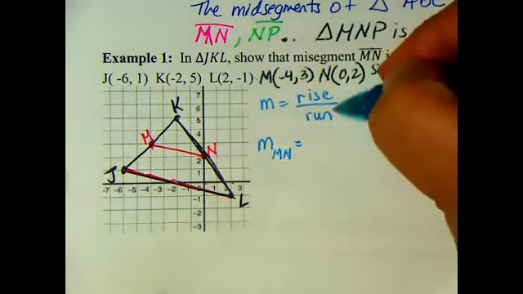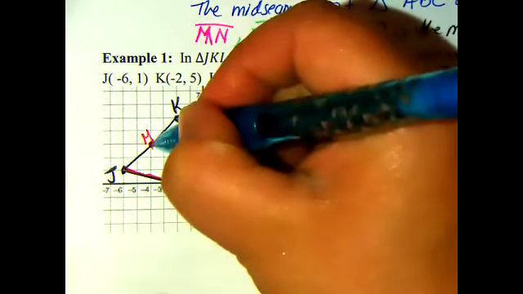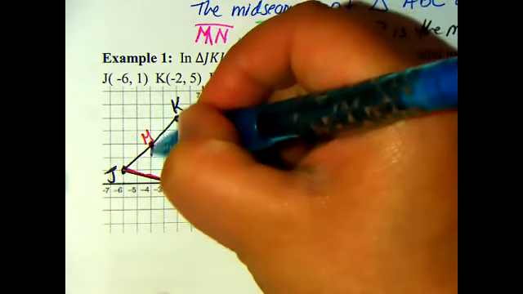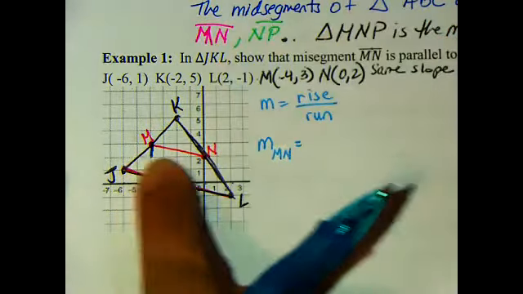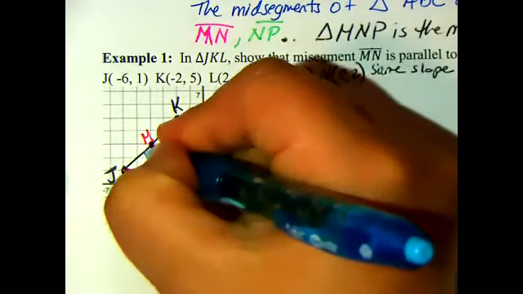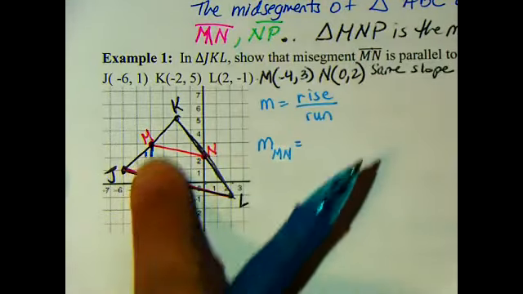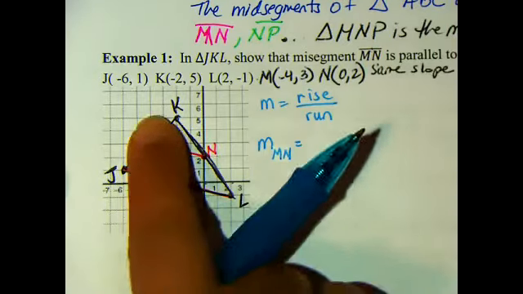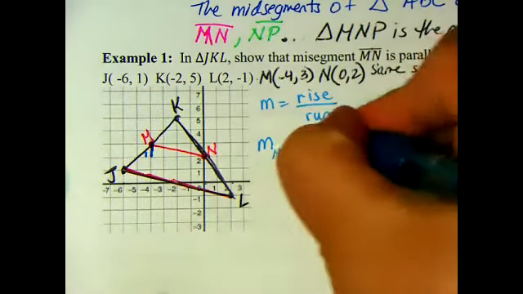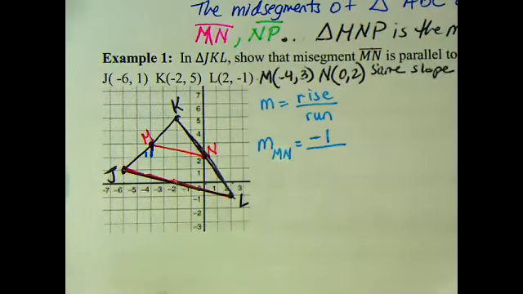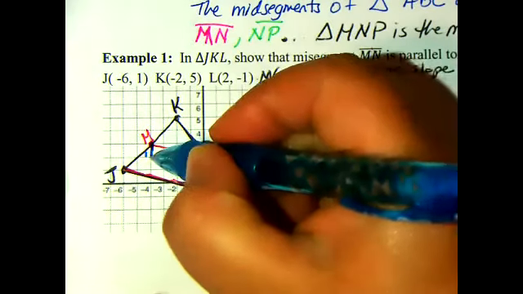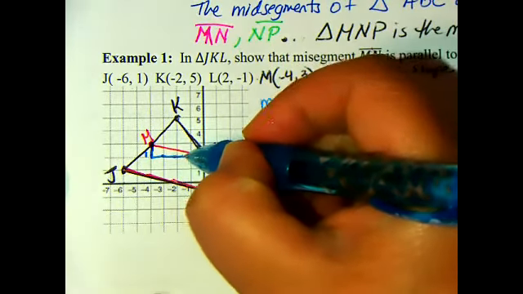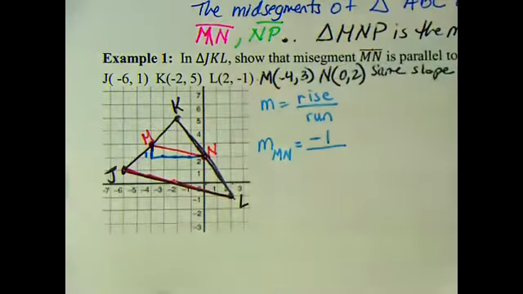Rise is how much I have to go up and down, right? So starting from M, I go down one box to get to the level of N. So this is down one, okay? That's my rise, up and down. But I went down one, which means my rise is going to be -1 over my run, okay? My run is 1, 2, 3, 4.